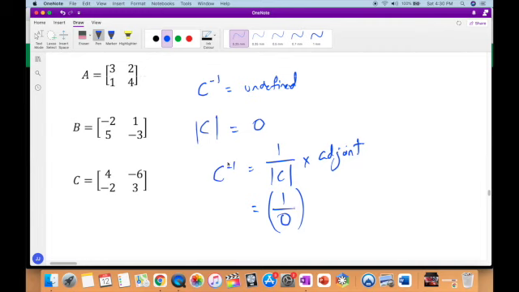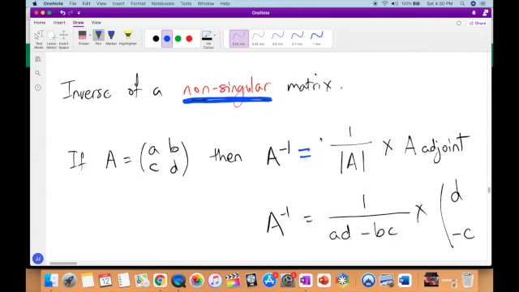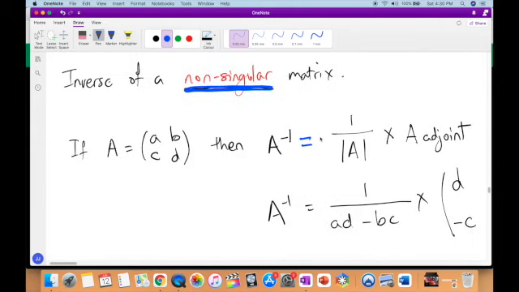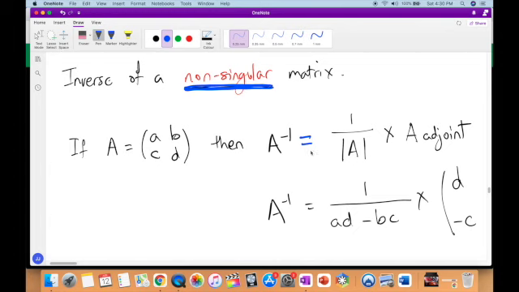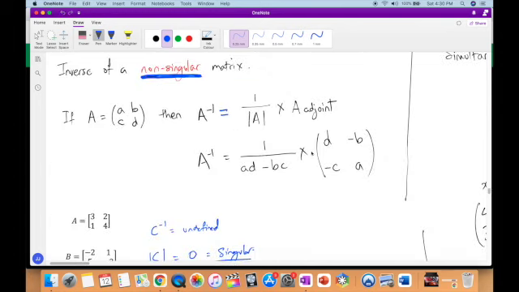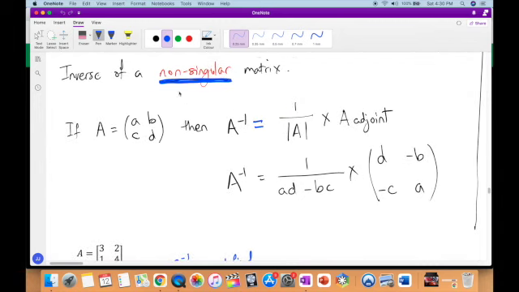So C is a singular matrix. Remember that? A matrix with a determinant of 0 is a singular matrix. Look at here, the inverse of a non-singular matrix. So you cannot have an inverse of a singular matrix, because for a singular matrix, the determinant ends up being 0.